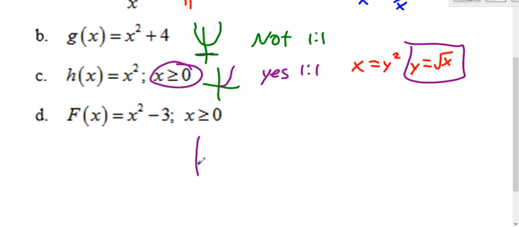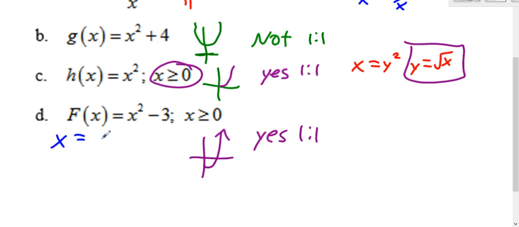Similar concept here. We're looking at just the positive side of another parabola. This time the parabola is shifted down 3. But it's still 1 to 1. So you can find the inverse. Switch x and y. Solve for y.